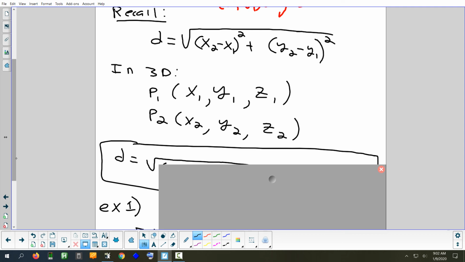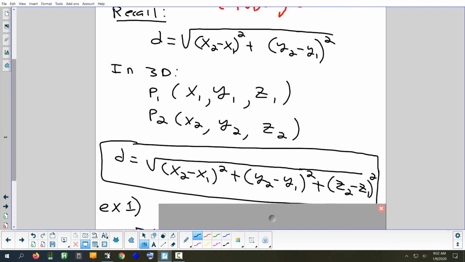Can anyone tell me what you would add onto the end of the 2D formula to make it 3D? Andrew? Z2 minus Z1 squared. Yes, you just add plus Z2 minus Z1 squared. That's pretty much how every formula is going to work today when we extend from 2D to 3D: you look at the formula you already have and just put the Z's on the end of it, and that makes it 3D.